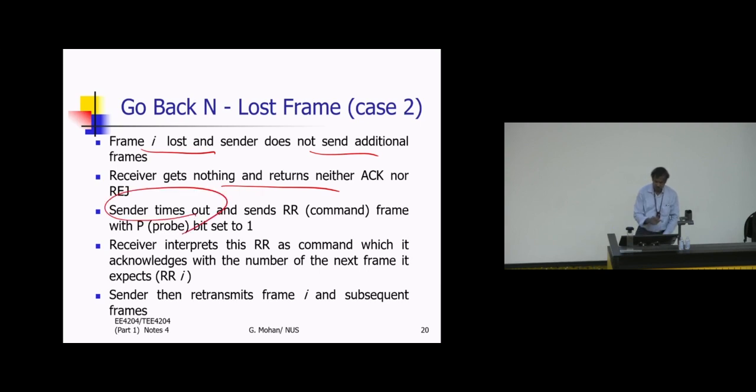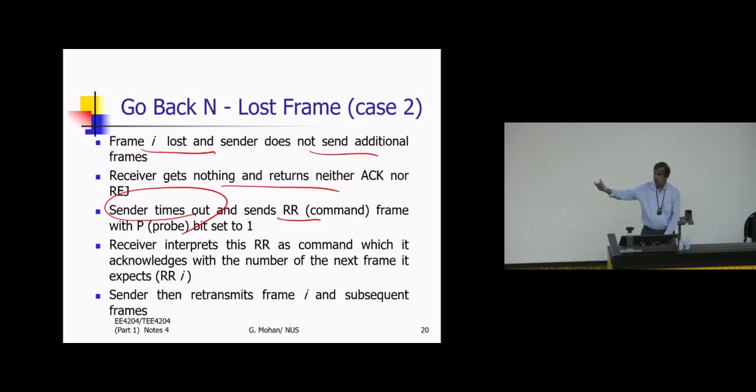Eventually, the sender will time out. When the sender times out, it has to probe the receiver: what's happening, what is it you are expecting. The sender sends a special frame called a command frame, that we call the RR command frame, receiver ready command frame.